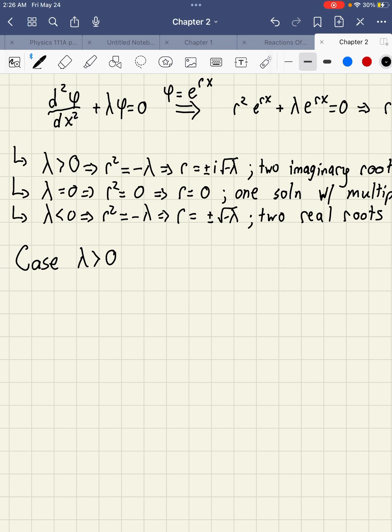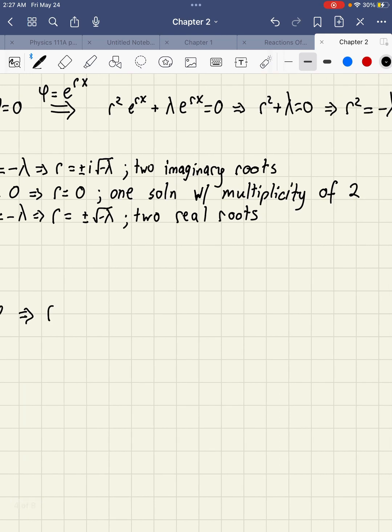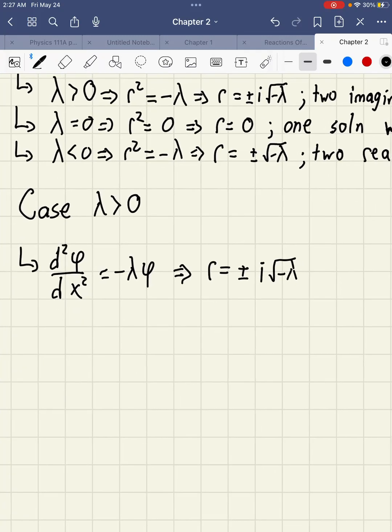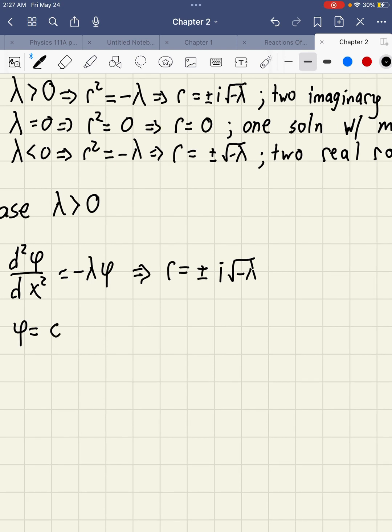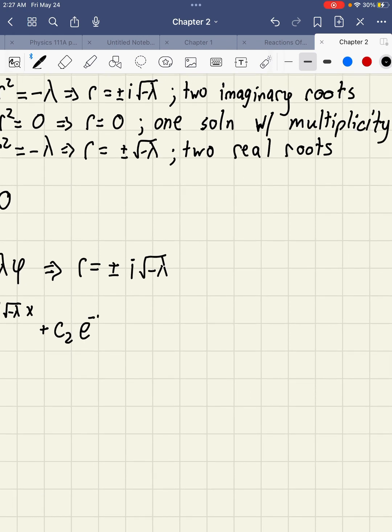Now, I have my ODE, and my r is just equal to plus or minus i times the square root of lambda. So my solution is going to be a constant C1 times e to the positive i square root of lambda x, plus an arbitrary constant C2 times e to the conjugate of it.